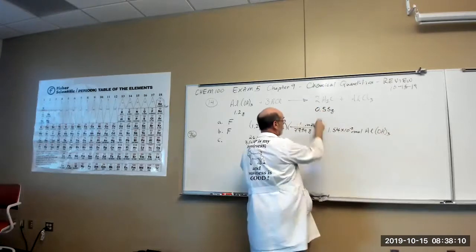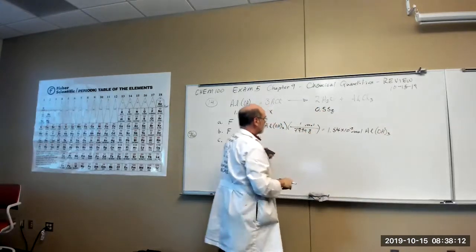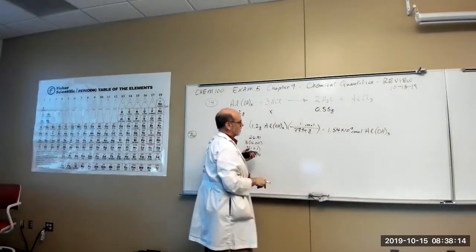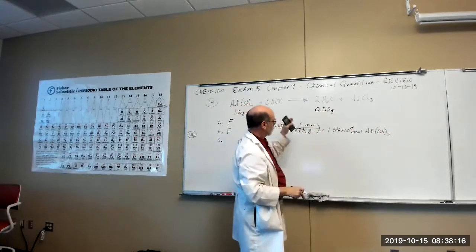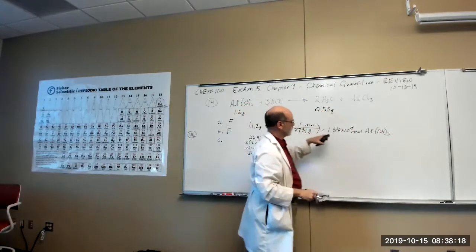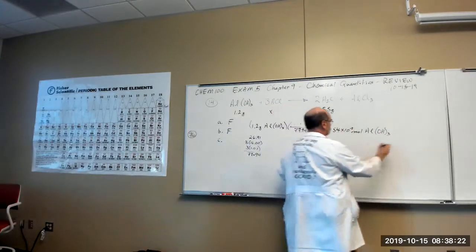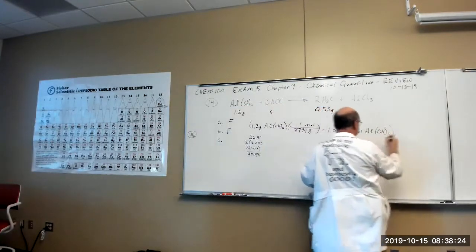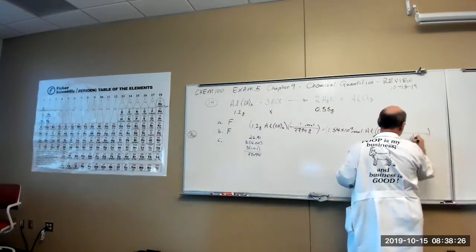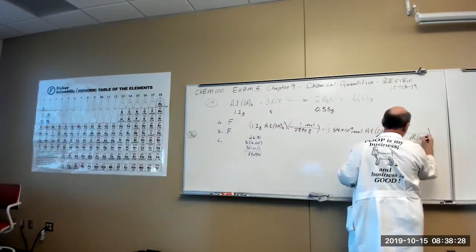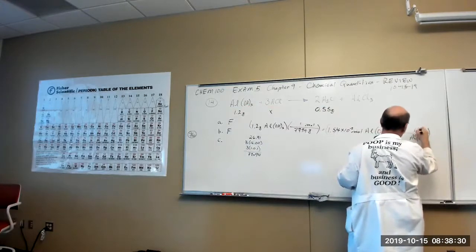Now we need to convert that to water to see how much water would be produced from that much aluminum hydroxide. Okay. So we need a conversion factor to convert to water.